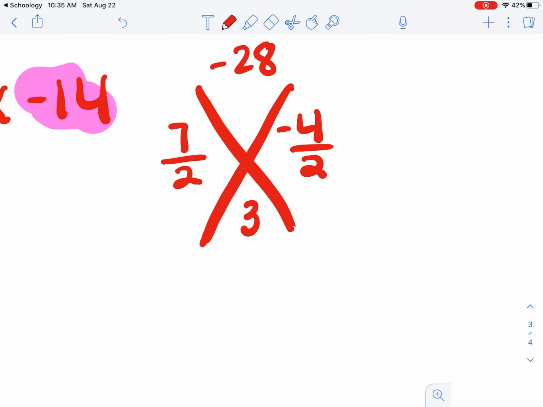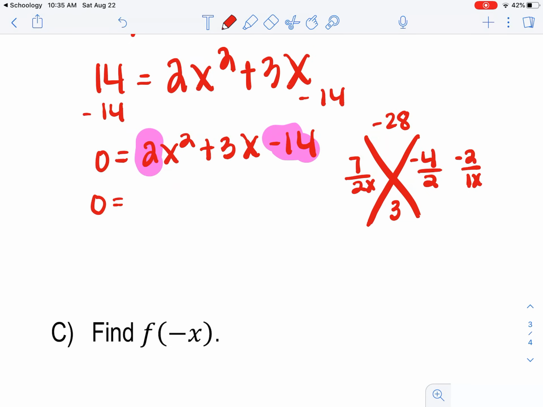Now I'm going to look to see if either one of these fractions is simplifiable. The first one's not, so that's going to be 2x plus 7. The second one is simplifiable, so I'm going to simplify it to negative 2 over 1, and that's going to be x minus 2. So I have 2x plus 7 times x minus 2.